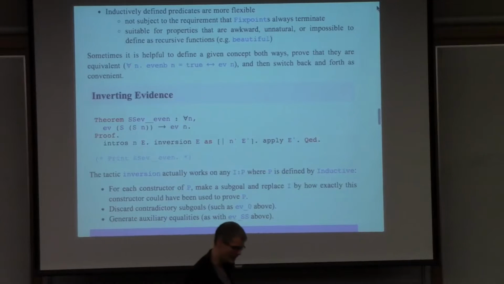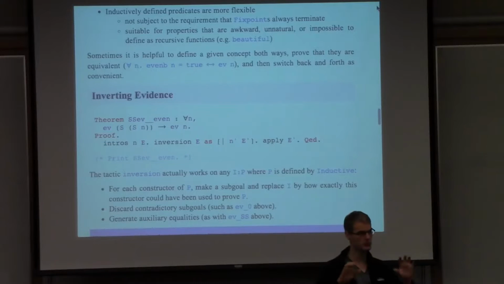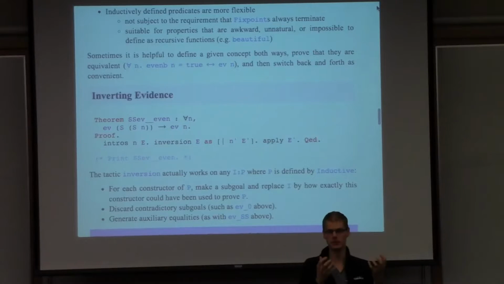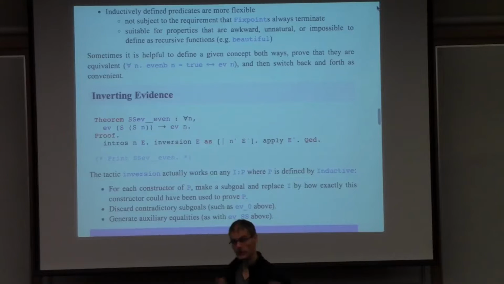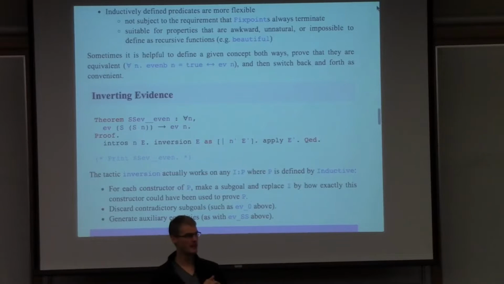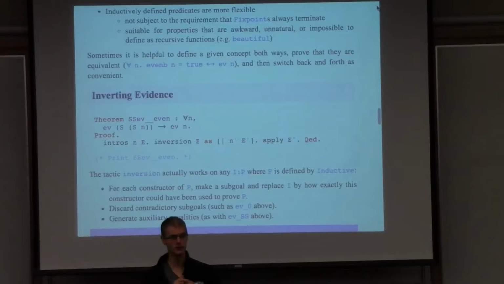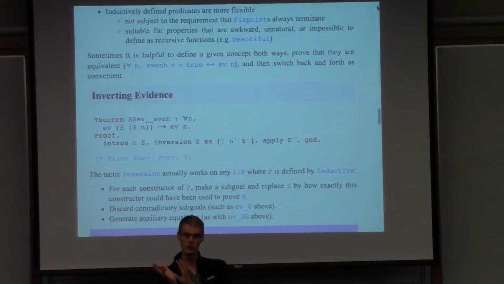So in order to do the proof, we often have to take apart the derivations in lockstep. So we do that by doing induction on one of them, and then for each case of that induction, we need to look at what the possible shapes of the other one are.